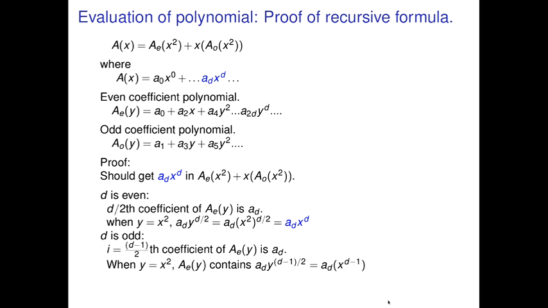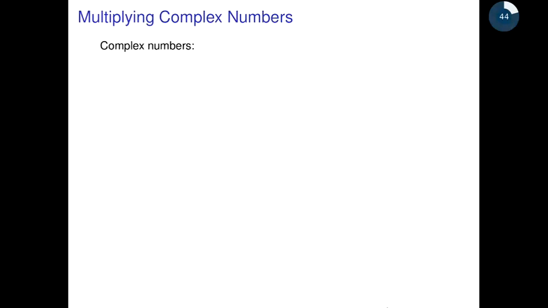So this is not what we wanted. We want a_d x to the d. But if you see in this expression, we multiply by x. Right? So we have that x times A_odd of x squared contains a_d x to the d minus 1 times x.